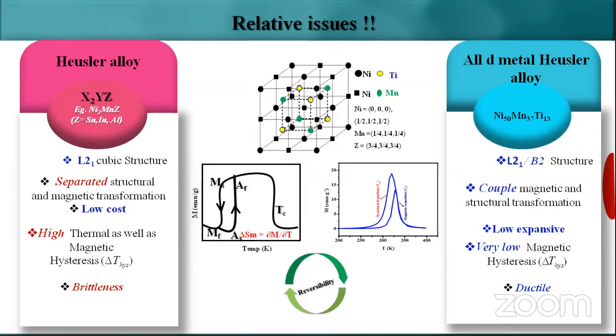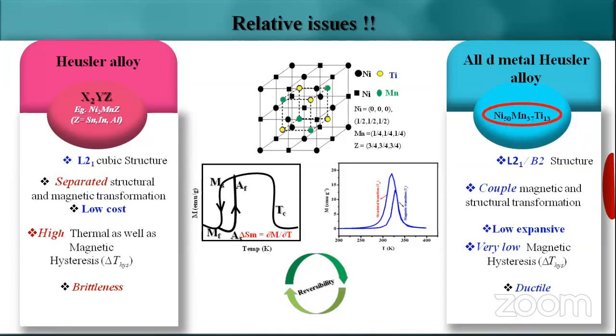So we expect this material would have very low hysteresis, and one interesting property of this material is the mechanical stability. As the reversibility depends on the mechanical stability, we should remember during the thermodynamic cycle, the materials don't break. Therefore, we expect that this alloy would be a promising candidate for commercial purpose.